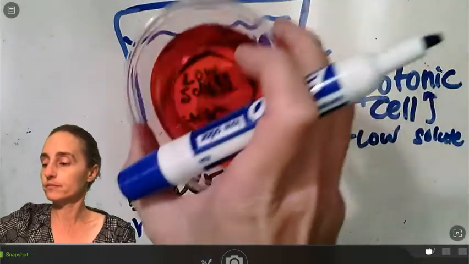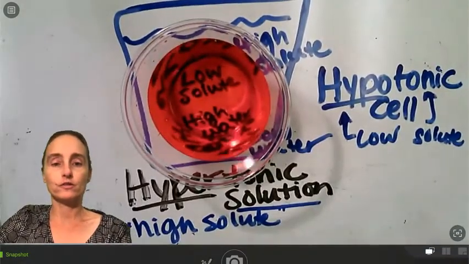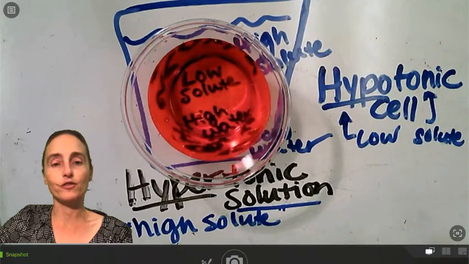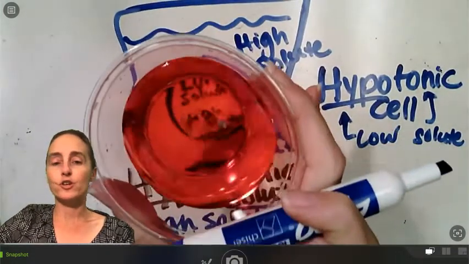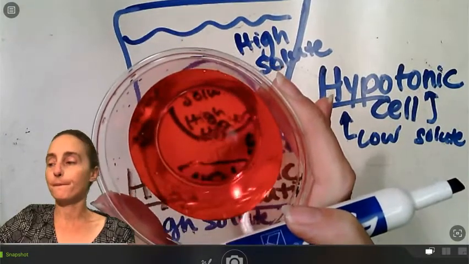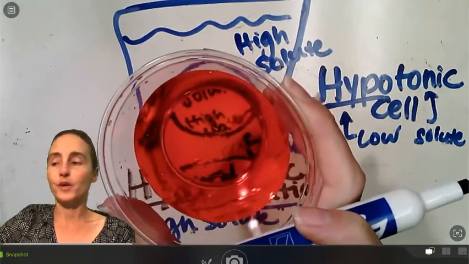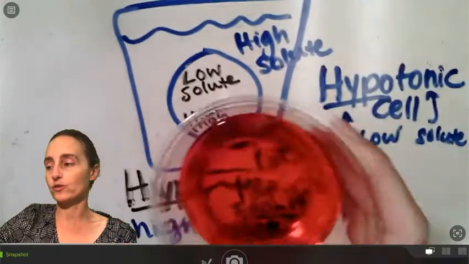Meanwhile, our cute little cup is completely diffused. Isn't that cute? Now I could say, hey, is this a hypertonic solution or hypotonic? You know what? It's not one, because there's only the solution. There's nothing in it.